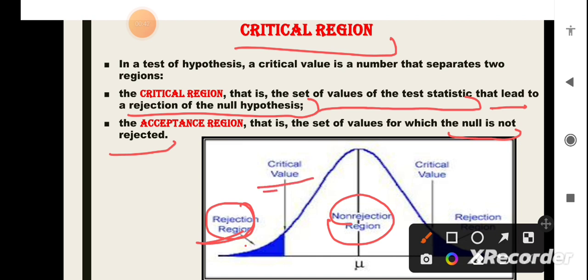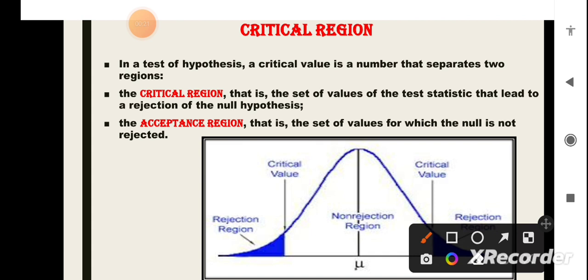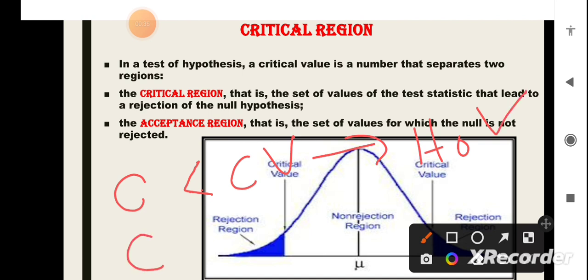The critical value is a number that separates the rejection and the acceptance region. One important point to note is that if the calculated value is less than the critical value, then we will accept the null hypothesis. But if the calculated value is more than the critical value, we will reject the null hypothesis.